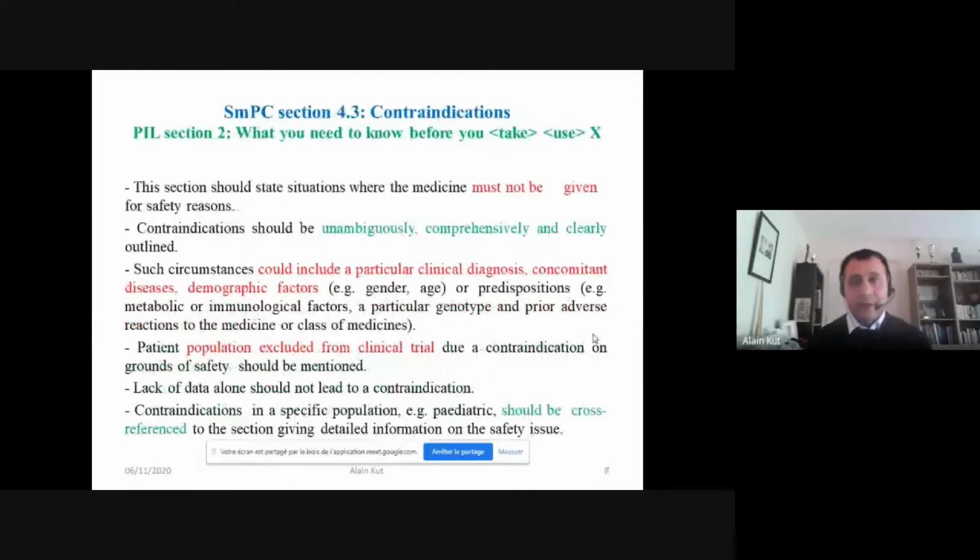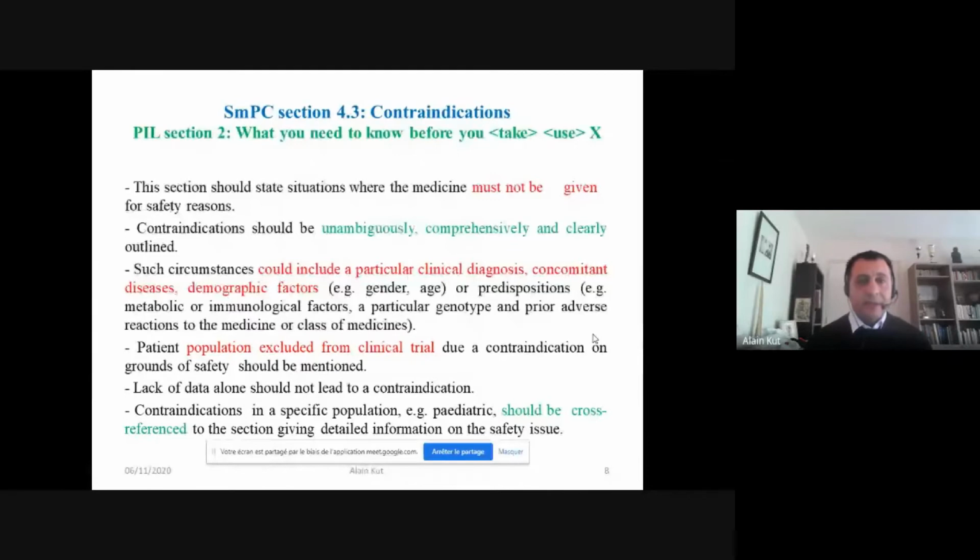In 4.3, we have the contraindications. These are the cases in which the given drug mustn't be administered for safety reasons. This section should be clear, comprehensive and unambiguous.